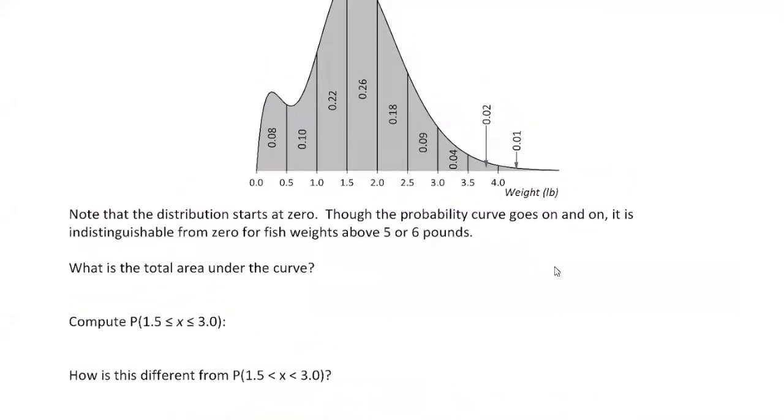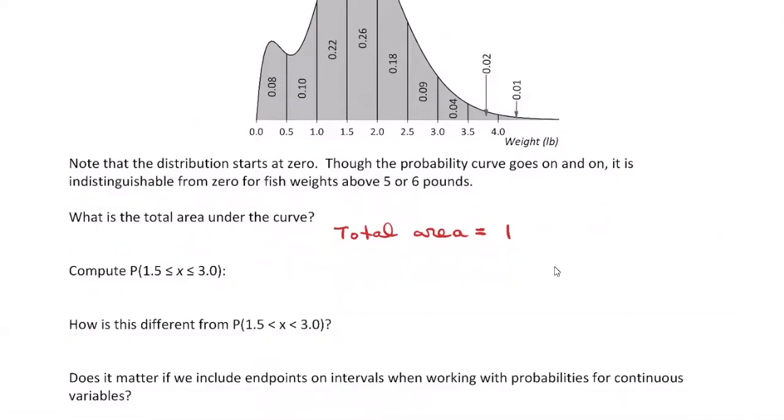What's the total area under the curve? Okay, you don't need to compute this. What's the total area? If you add those up, what do we get? 1. Thank you, Nicholas. Okay, now the probability that x is between 1.5 and 3.0.